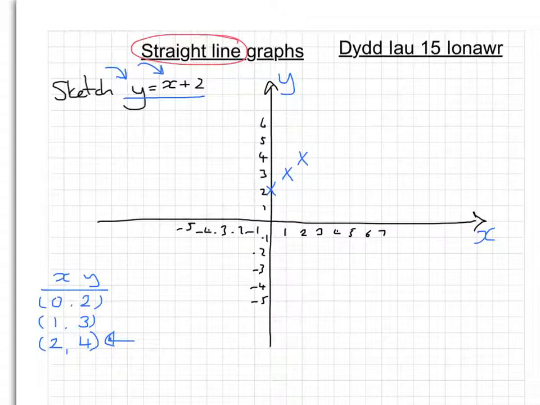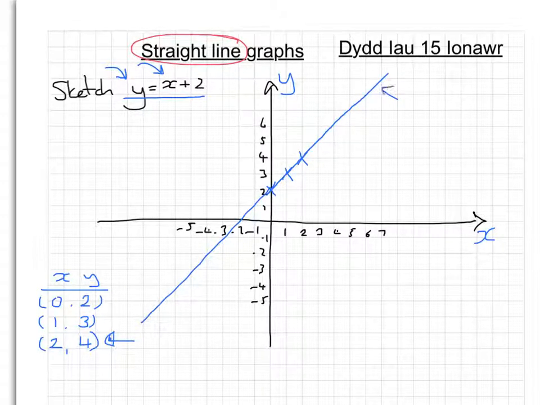So I could join them up, but I know I could use lots of other x-coordinates, and I could get coordinates that are somewhere along this extended line in either direction. And it's really important that I draw that line across the whole axis to show that there's an infinite number of points that could lie on that line.